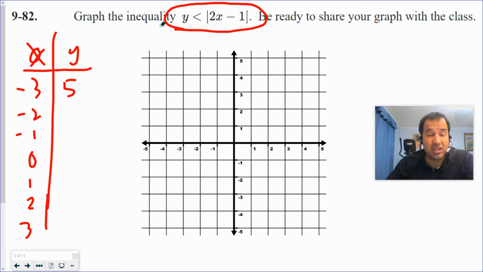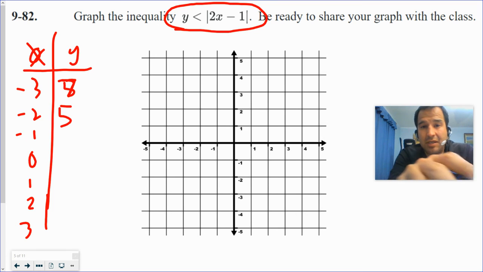So I actually did the first one wrong, didn't I? Okay. 2 times -3 would be -6, minus 1 would be -7, and then the absolute value would be 7. Whew, okay, my bad there. This would be 5, and then hopefully you start seeing the pattern here, okay?